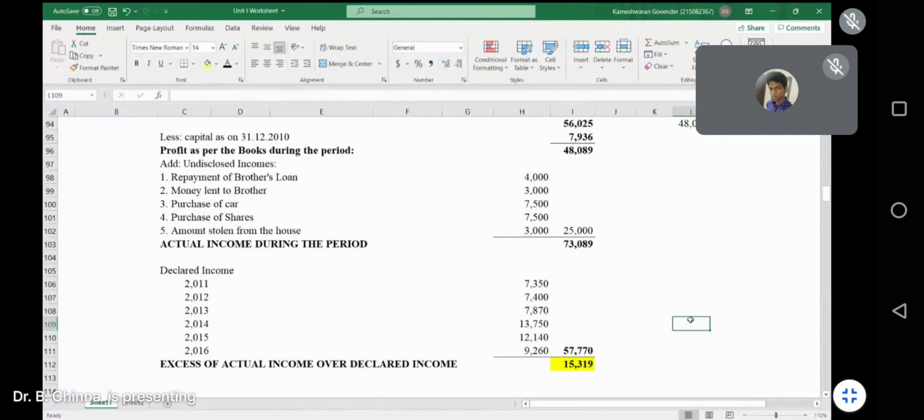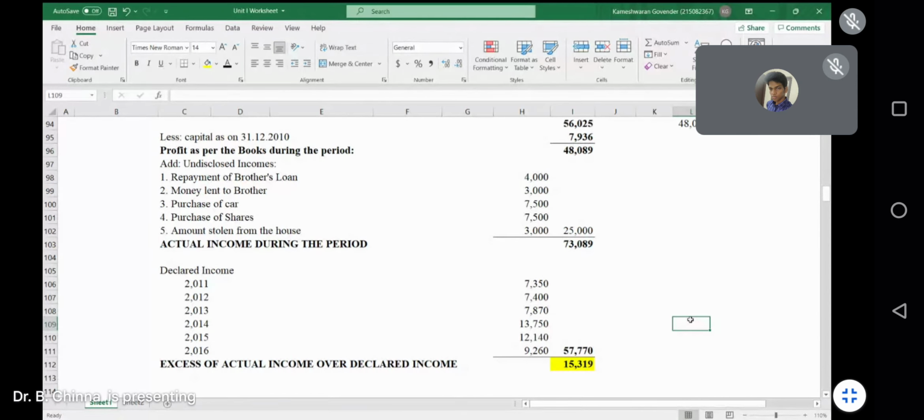You may feel that this sum is quite confusing, but all you need to understand is, don't go to all the adjustments, just go step by step. What is the very first step? The first step is to prepare the statement of affairs for opening and closing without considering any of the personal transactions. Clear?